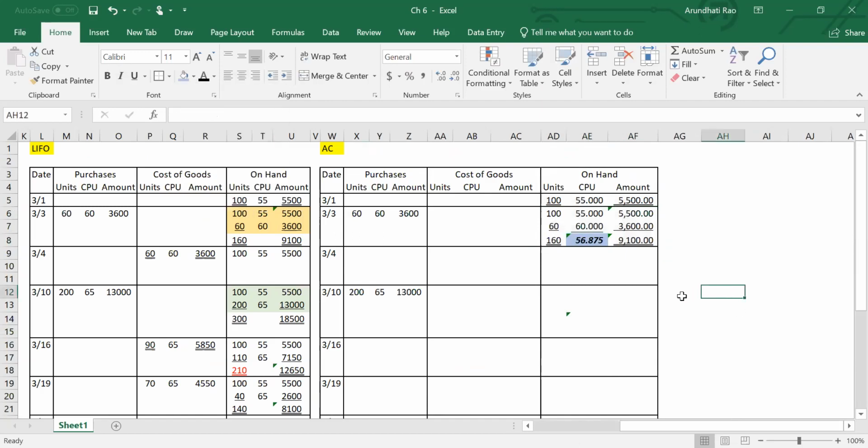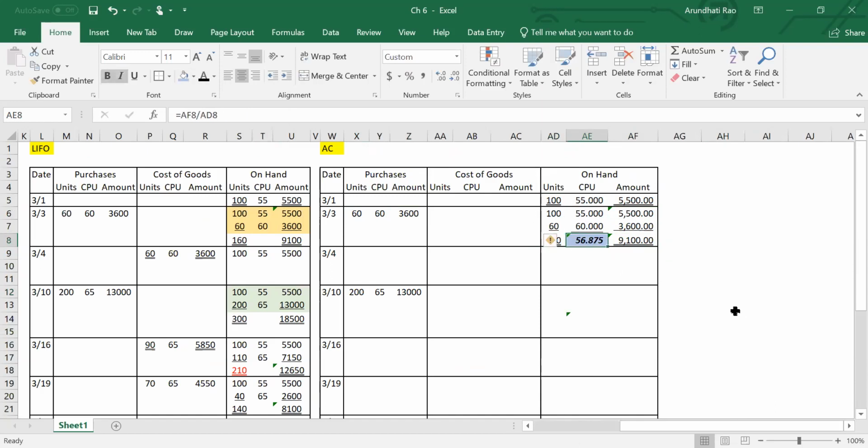Okay, so I had 100 units on hand. I bought another 60 units. The 100 units that I had was valued at $5,500. The cost was $5,500. I paid $3,600. So the total amount paid for inventory is $9,100. A total of 160 units.